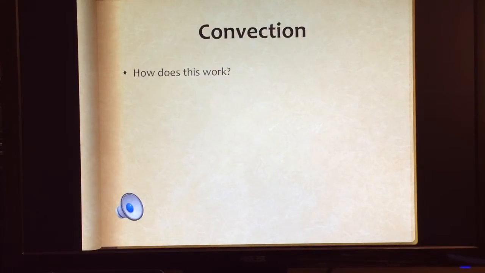When the heated molecules rise upward, cooler molecules, which can also be defined as cooler air, will rush down to take the place of the heated molecules or the heated air. This is a continuous cycle, and it happens continuously in our atmosphere.